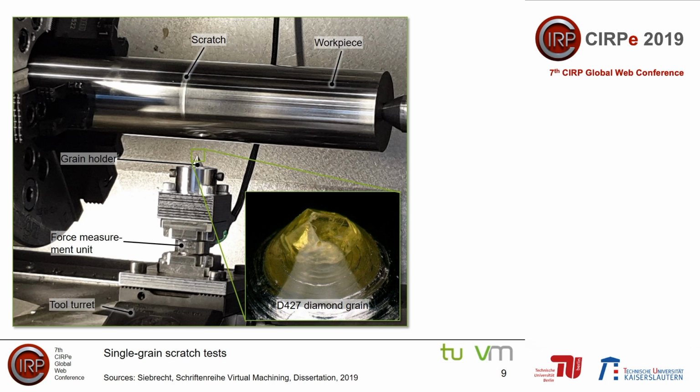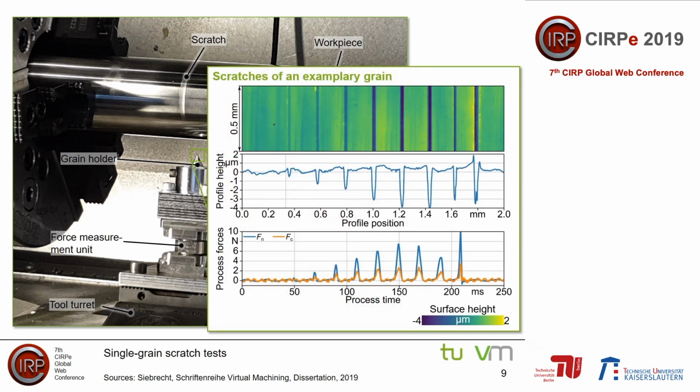The workpiece material used was AISI D2 tool steel. A helical scratch with an increasing depth of cut was created, and the forces acting on the grain were measured. The resulting scratches were analyzed to determine the undeformed chip areas and their corresponding process forces.